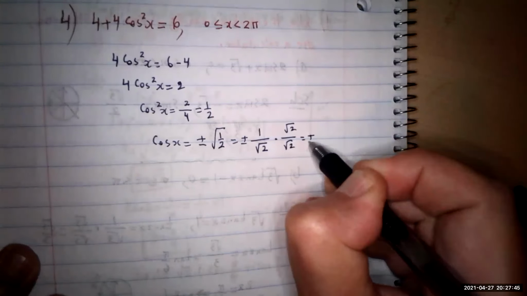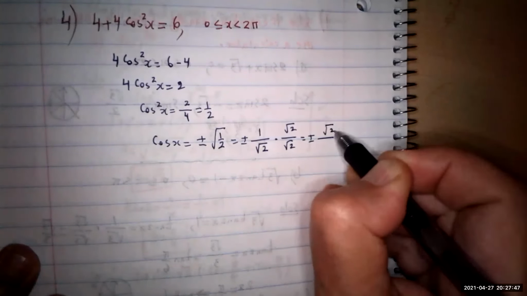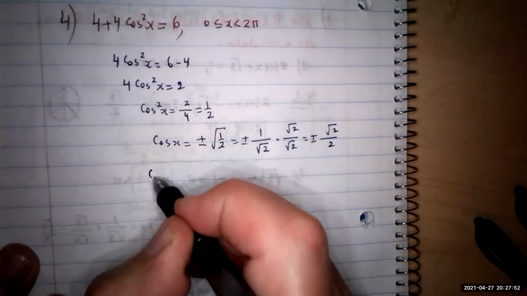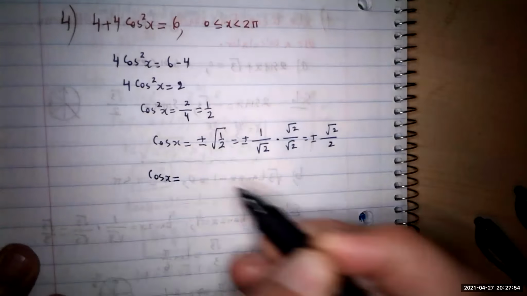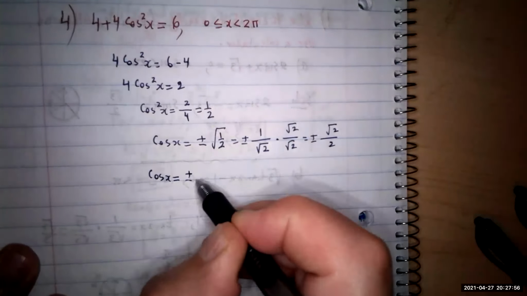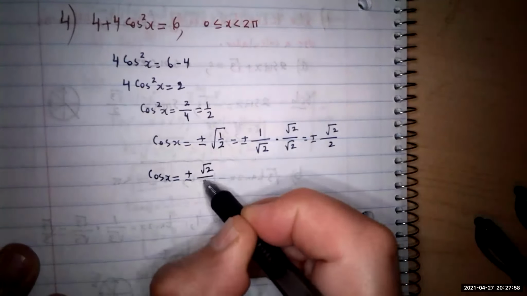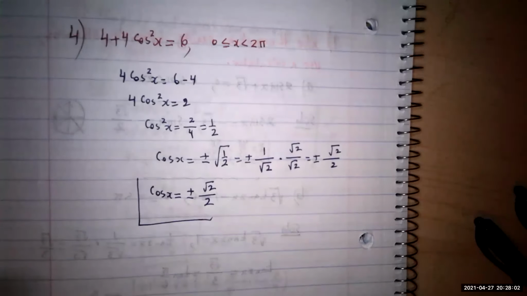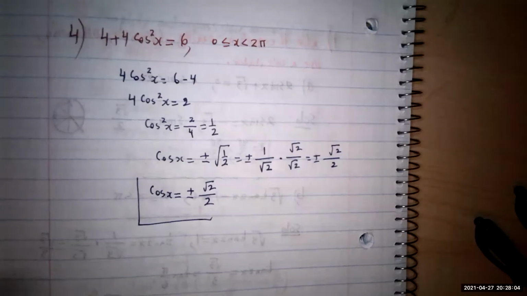That gives you positive, negative, the top would be radical 2 and the bottom would be 2. So you have cosine x equal to positive, negative radical 2 over 2. So far, any question?